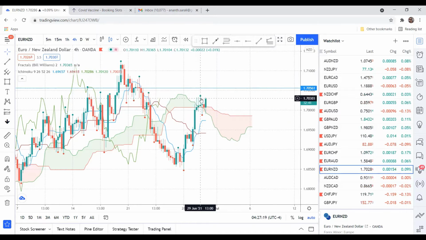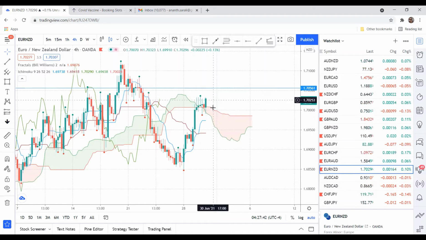I thought there is a resistance here, so I exited as soon as I saw these 2 candles, 4-hour candles. Half of it only, but the remaining half I'm doing the trailing stop loss here, so it was break even.